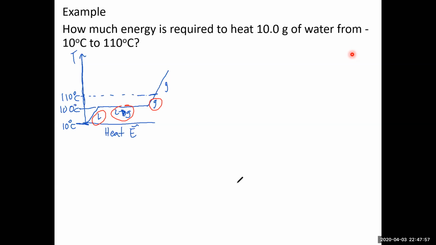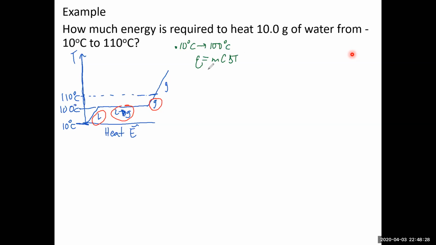So we'll do a few different calculations here. First, we'll start off at 10 degrees Celsius and going toward 100 degrees Celsius. At this point, we need to use the equation that the heat is equal to the mass times the specific heat times the change in temperature.